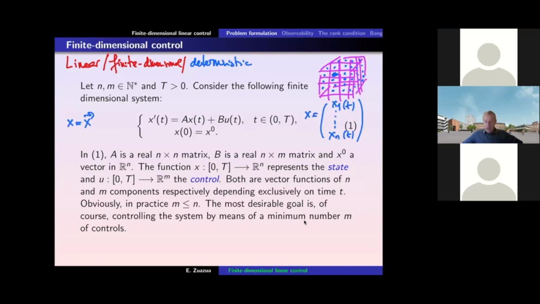Each of them represents one of the projections of the state into one of the n canonical directions of the space. So in this finite dimensional system, n is the number of components of the state. So x is a vector with components x1, ..., xn. These components are evolving in time.